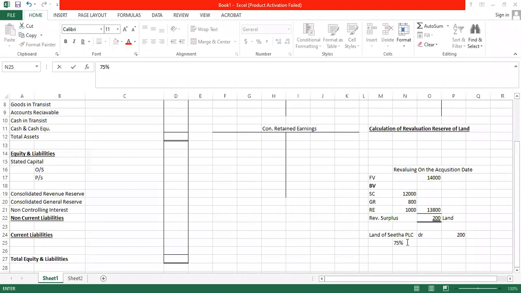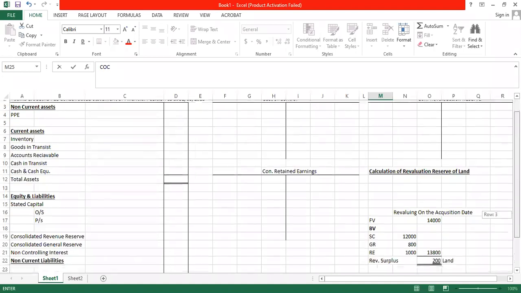So it's 75% of this 200, and it's credited to the cost of control account. We call that account the cost of control account.